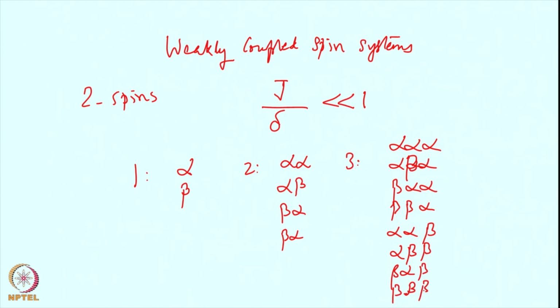So, we have 8 eigenfunctions here. The reason I am saying this is that the product functions are the basis set. All these functions represent the complete spin system. Any situation can be expressed as a linear combination of these wave functions.